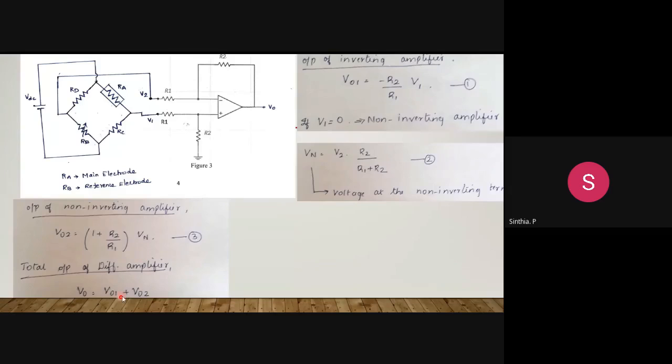So we know the differential amplifier, the difference amplifier, will give you the difference of both the signals. So we can say V0 equals V01 plus V02, that is the output of the inverting amplifier plus the non-inverting amplifier.